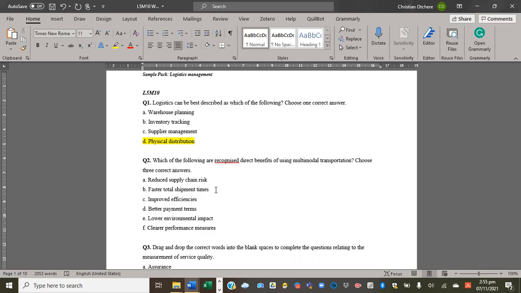So with multimodal transportation, you are not using it yourself; it's in the context of a contract. It has been outsourced.